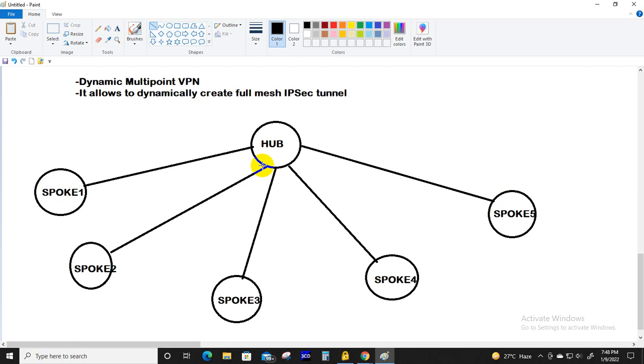Now, spoke routers can form tunnel with other spoke routers directly without traffic passing through hub. We don't need to configure full mesh tunnel between these 6 sites.